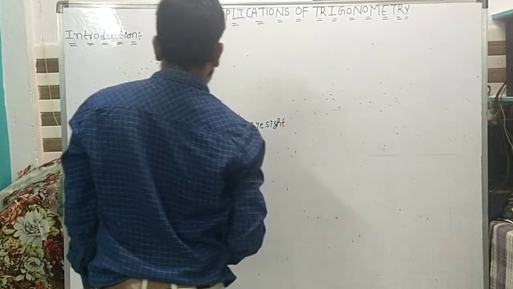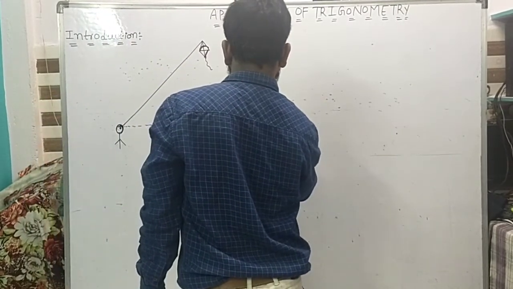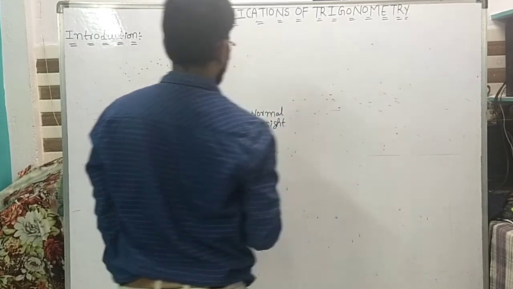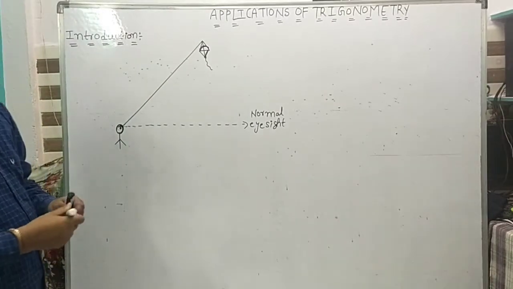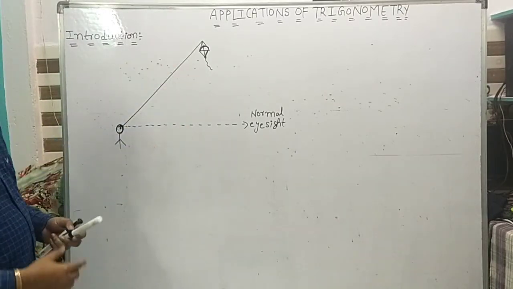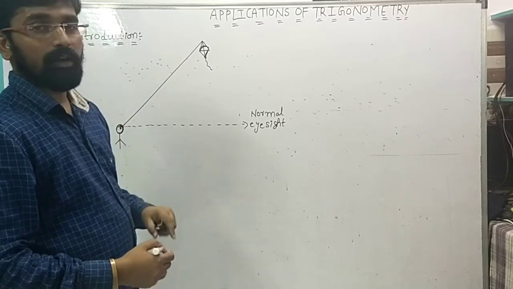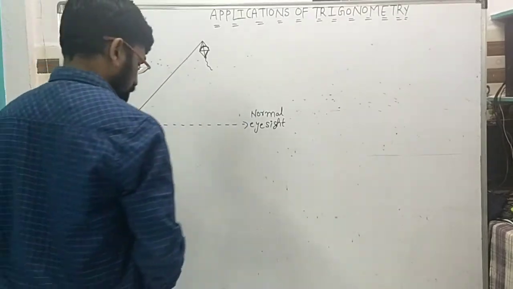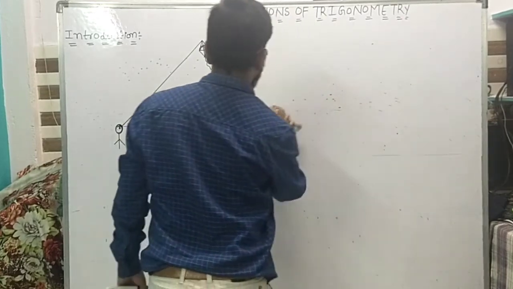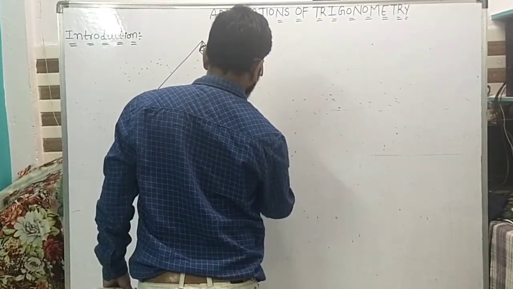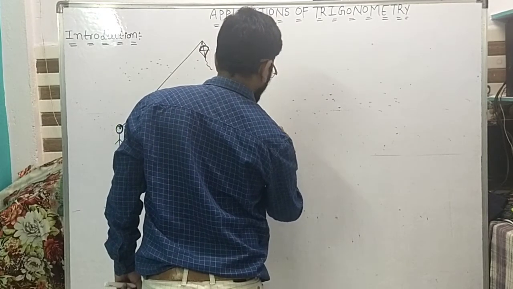Above your eyesight, this is called the horizontal line.